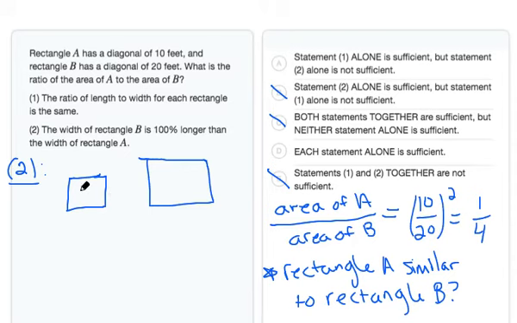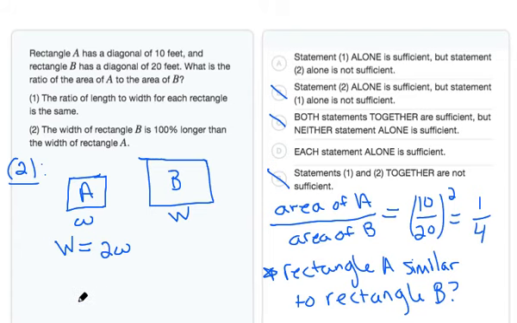Let's call this rectangle A and this one rectangle B. Let's call the width of rectangle B capital W, and the width of rectangle A little w. From this statement, we can derive the equation capital W is equal to 2 times lowercase w, because it's 100% longer, so it's twice its length.